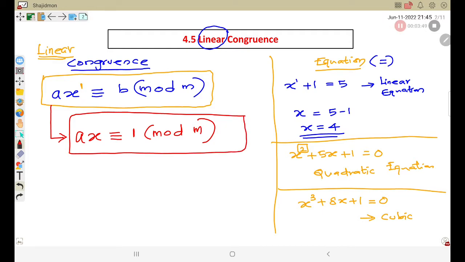If you are getting a linear congruence like this, how can we find the solution? That means, what is the x value, what are the solutions? There are many solutions. So what solutions do we need to find from ax congruent to 1 mod m?